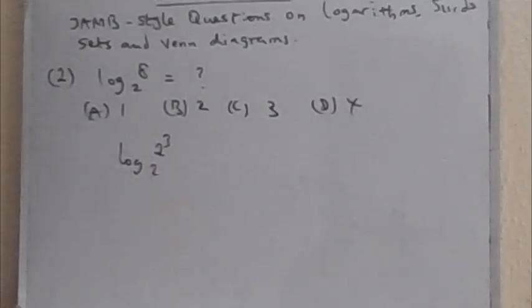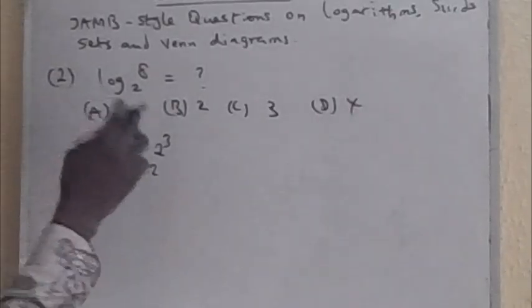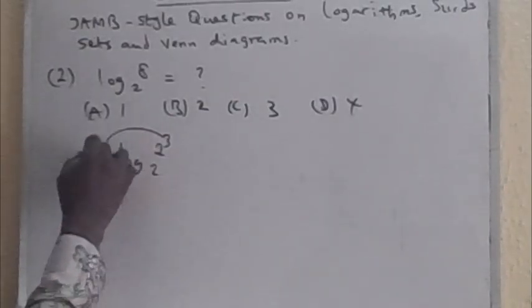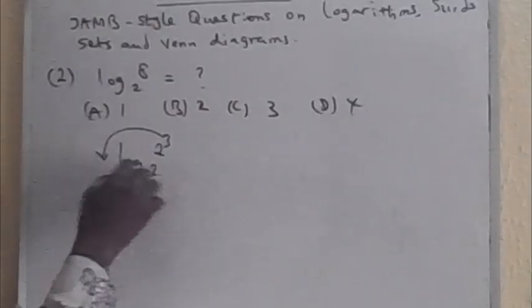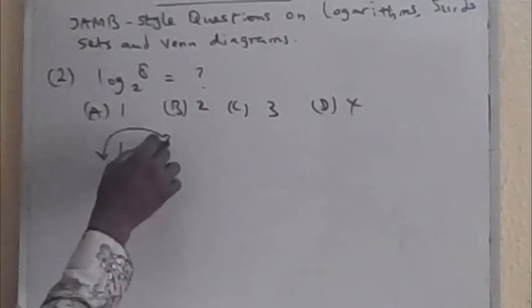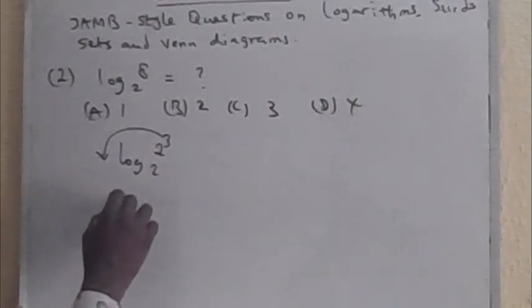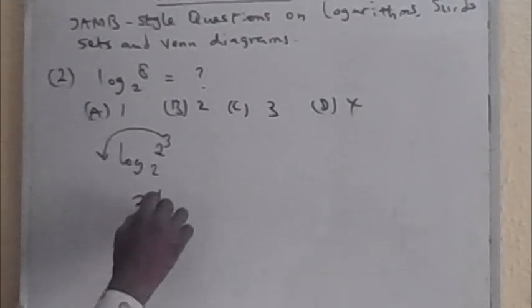So again, if you have an exponent here, this exponent can come to be the multiplicand of this expression. That's one of the laws of logarithm. So 3 will now come before log 2 to base 2.